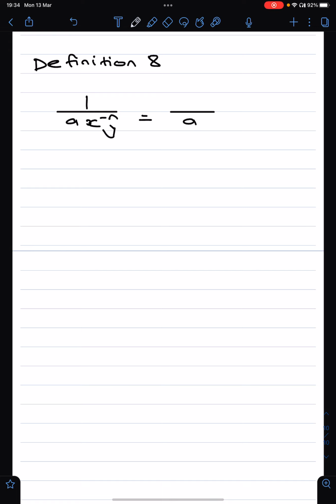Almost there. Definition 8. If I have a fraction 1 over a coefficient a with a base x to the negative n, then the coefficient, in our case a, remains at the bottom of the fraction, and the x to the power of negative n goes to the numerator.